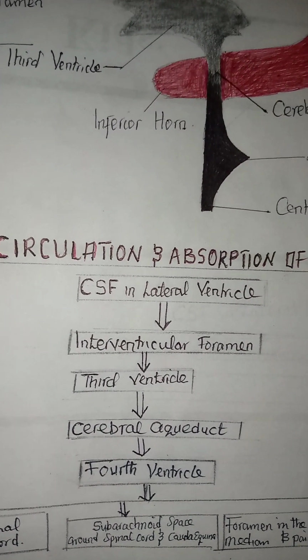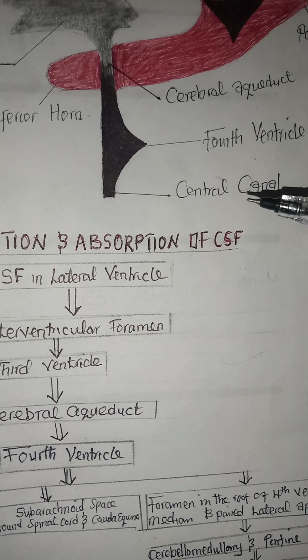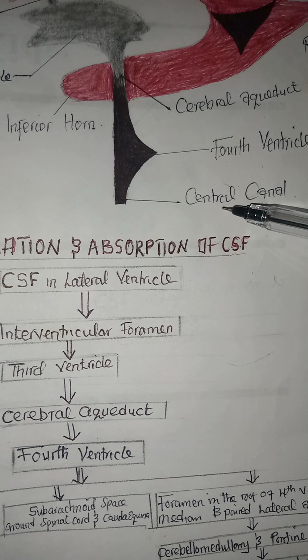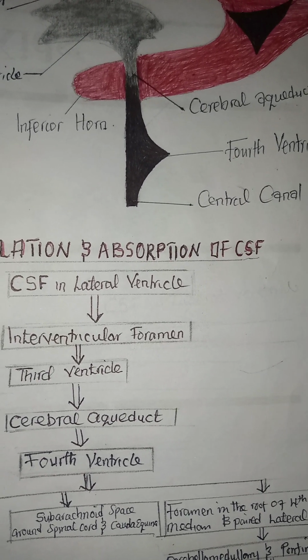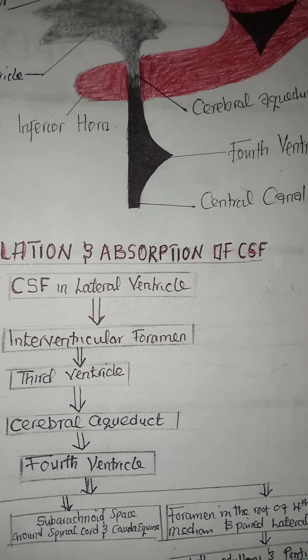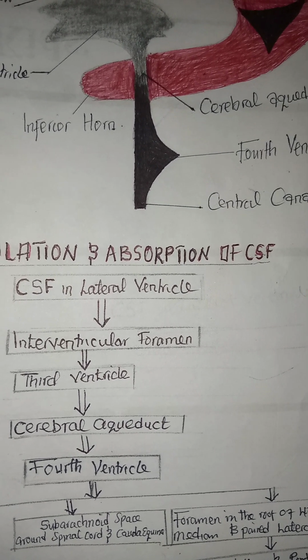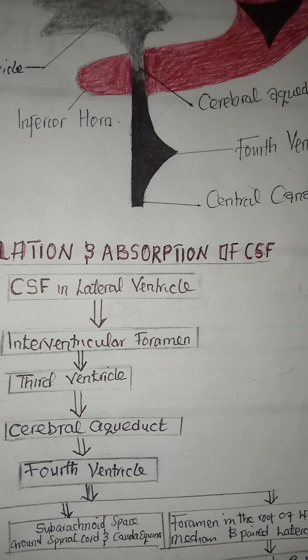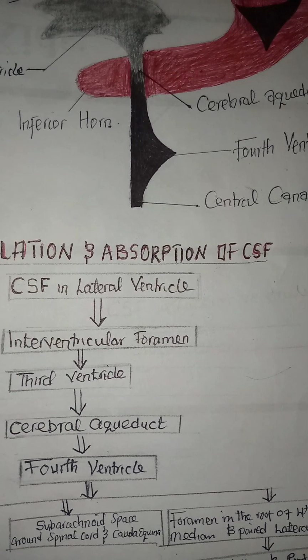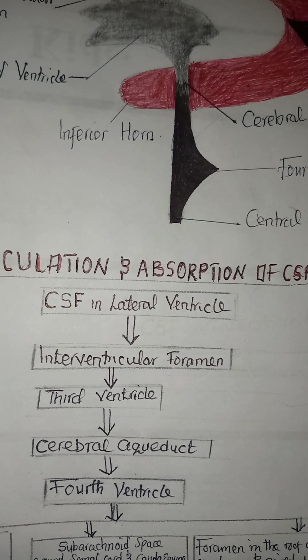secreted. Okay, so the fourth ventricle consists of the central canal as well as the lateral and the medial apertures. Okay, those apertures are very important because they act as the outlet for the cerebrospinal fluid from the ventricles.